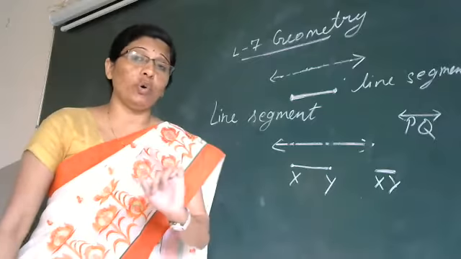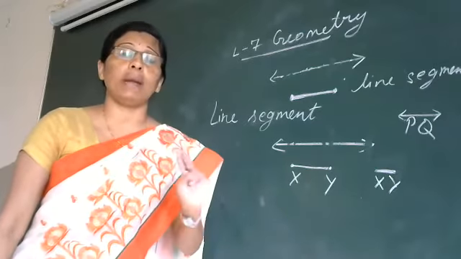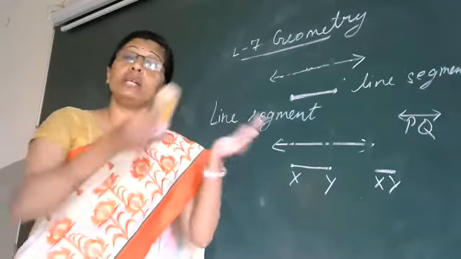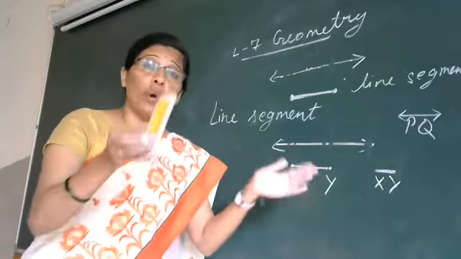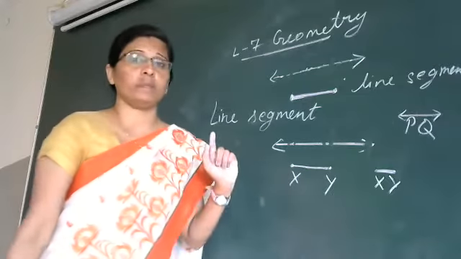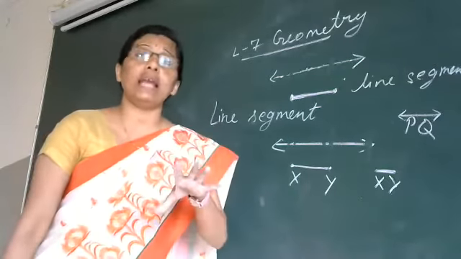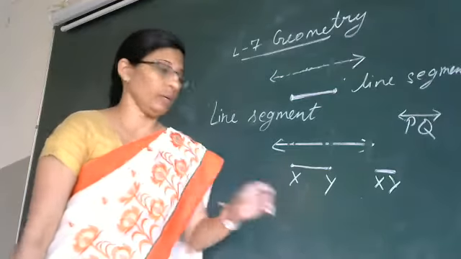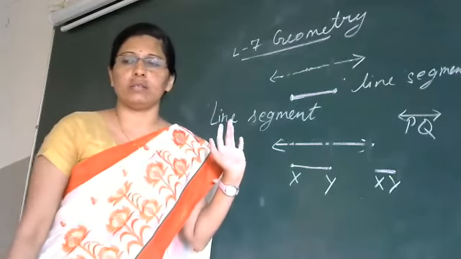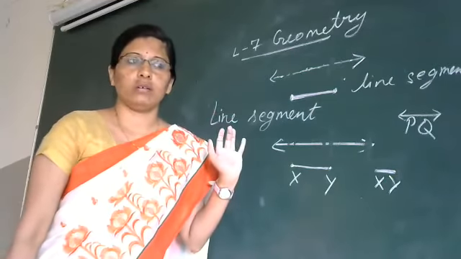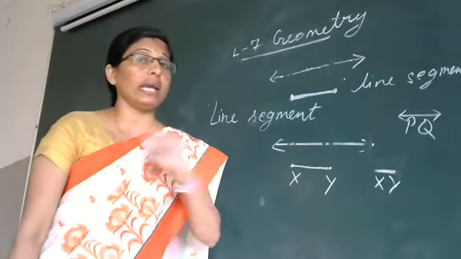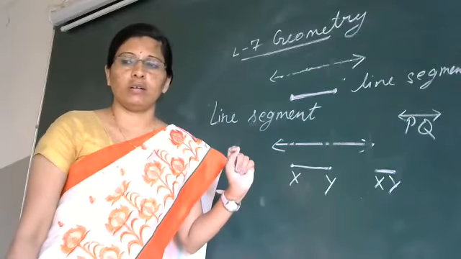But for a line segment, it should be two capital alphabets only, because it has two endpoints. It has a fixed length, so we have to name it by two capital alphabets. No small letters, only capital alphabets.